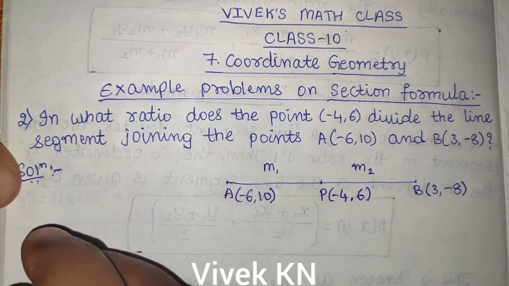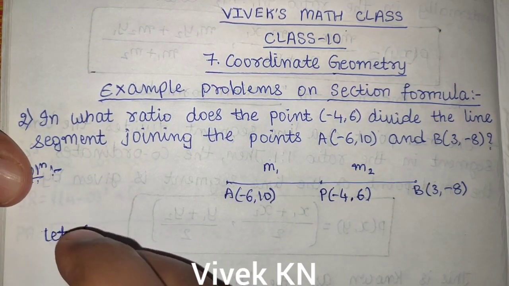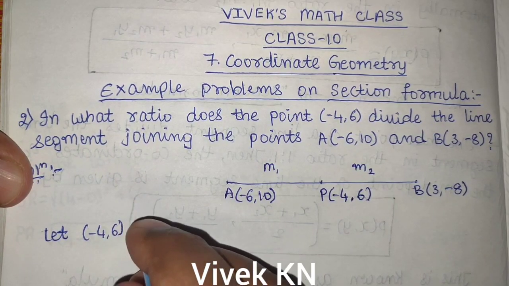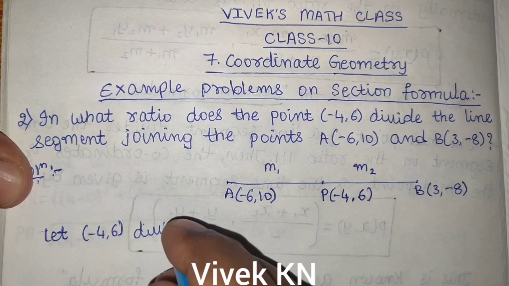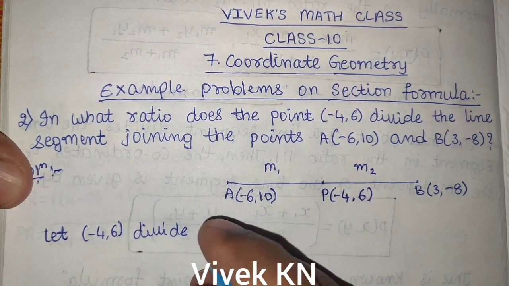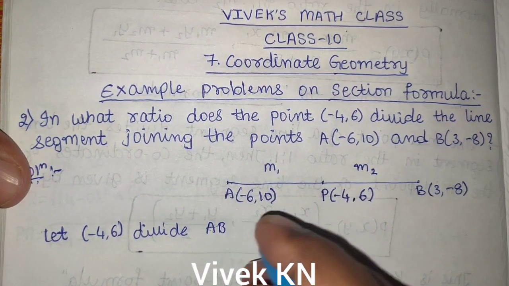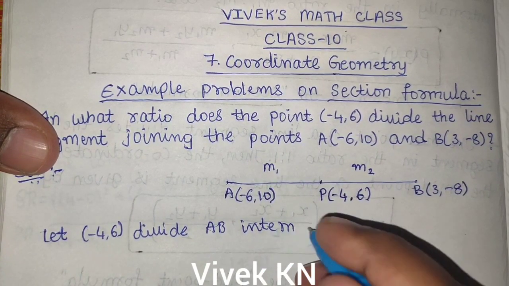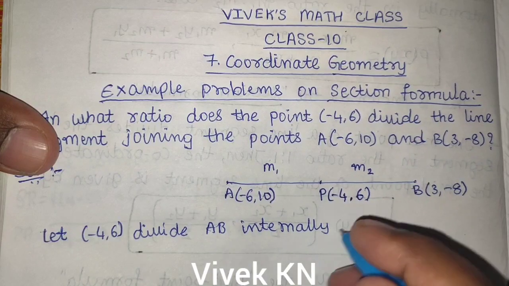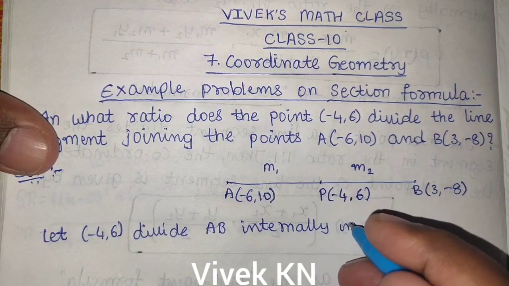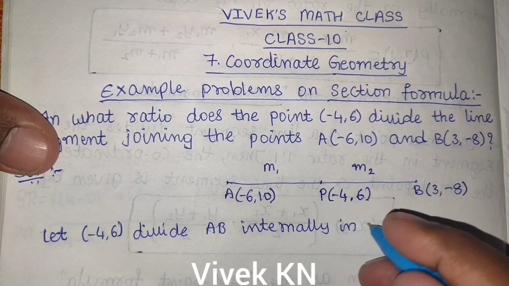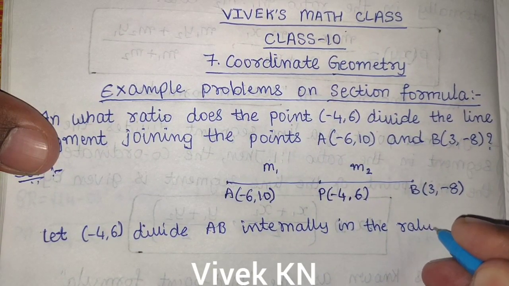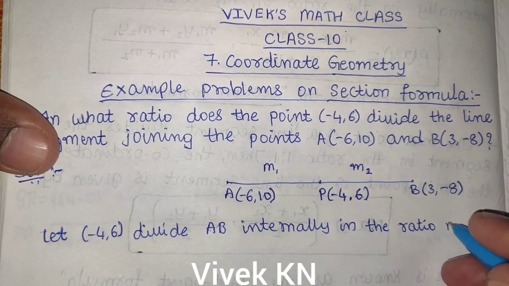Let (-4, 6) divide AB internally in the ratio m1:m2.